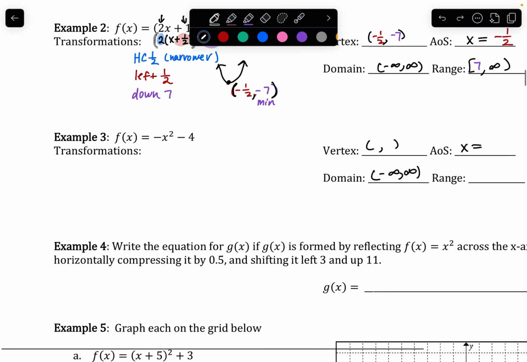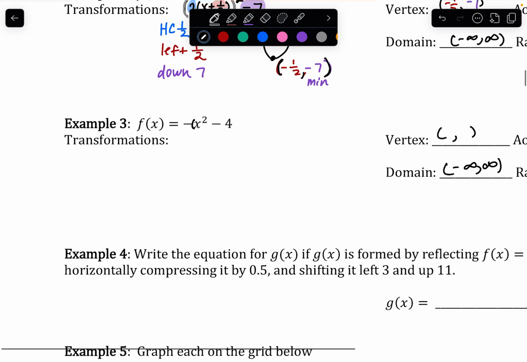Okay, last one like this. Be careful, there's no parentheses, so this negative is outside. If there's no parentheses, it's outside. So that's going to be your reflection across the x-axis, which means it's opening down. The only other transformation I have is this down 4. And so that means the x-coordinate of my vertex is still 0.